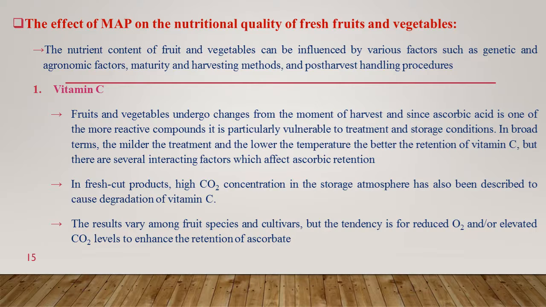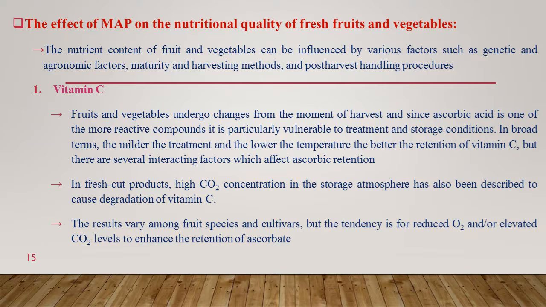A reduction in temperature and in oxygen concentration in the storage atmosphere have been described as the two treatments which contribute to preserving vitamin C in fruits and vegetables, and others observed that loss of ascorbic acid can be reduced by storing apples in a reduced oxygen atmosphere, as an example.